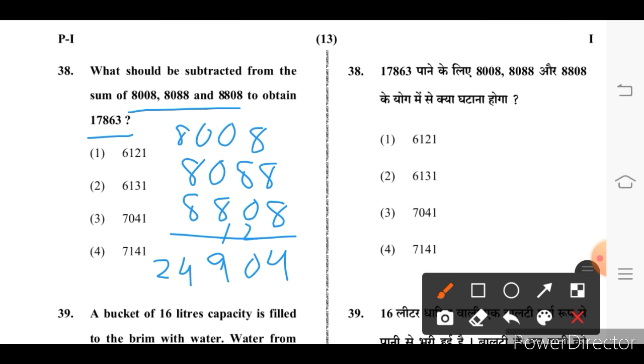To get this number, from 4, when we remove 1, we get 3. So 1. Here we have 0. From 0 it is not possible to remove, so we take one from 9. From 10, when we remove 4, we get 6. So here 6.